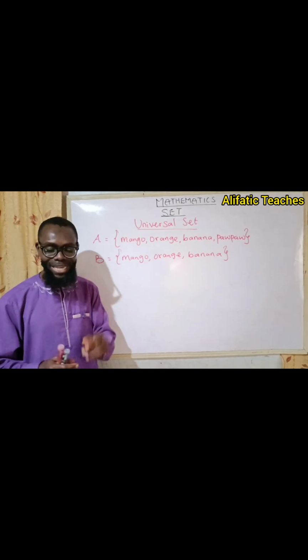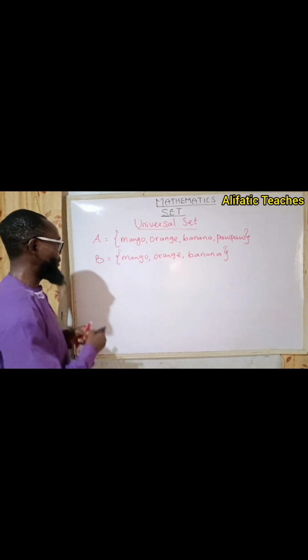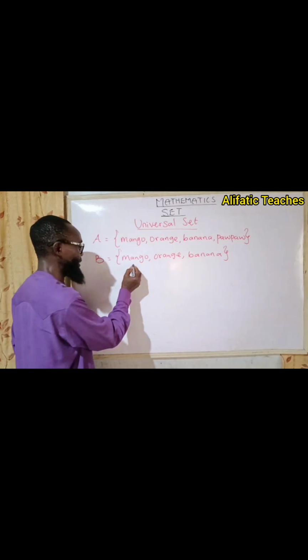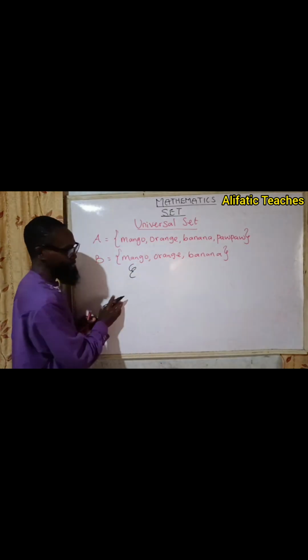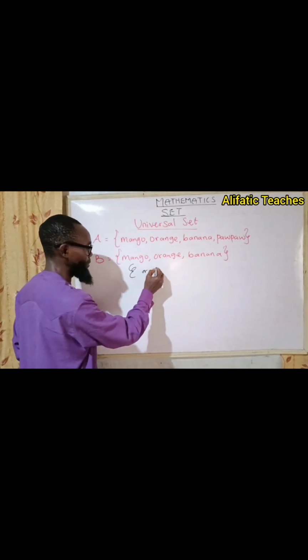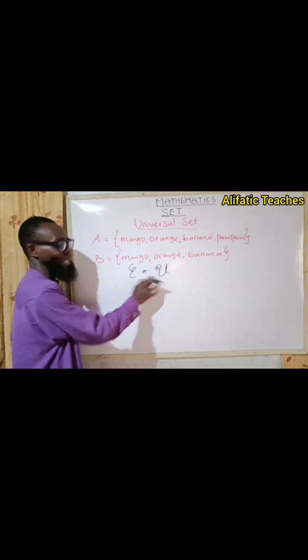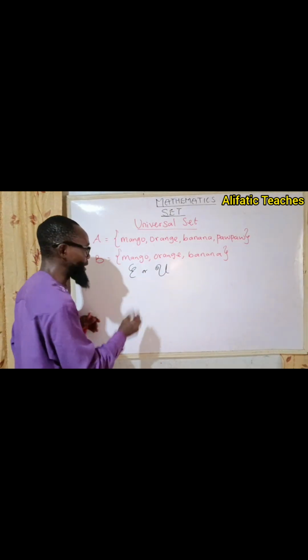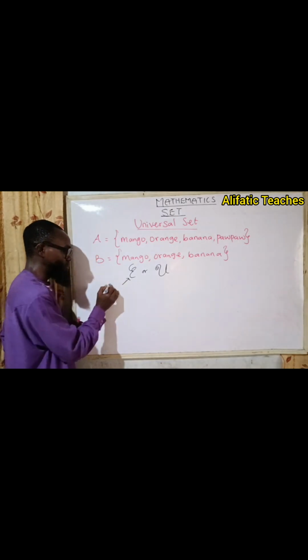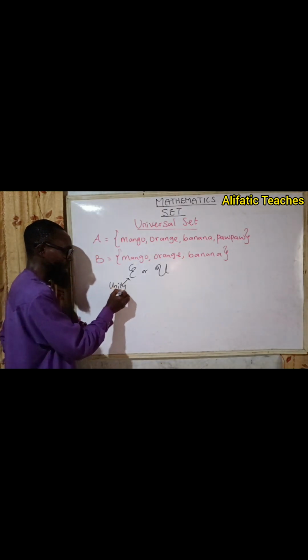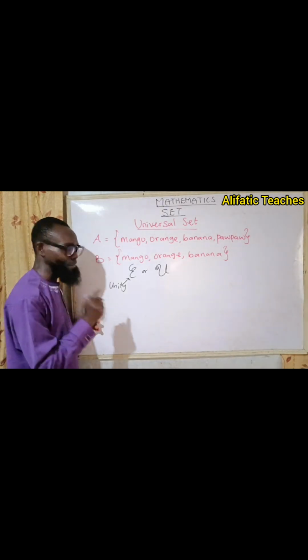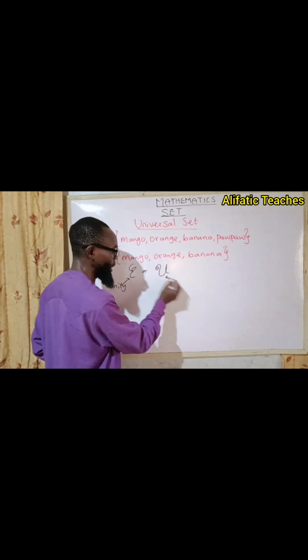We have two symbols used to denote universal sets. Either this or this can be used, but this symbol is used for unity, an entity, while this one is used for a universe.